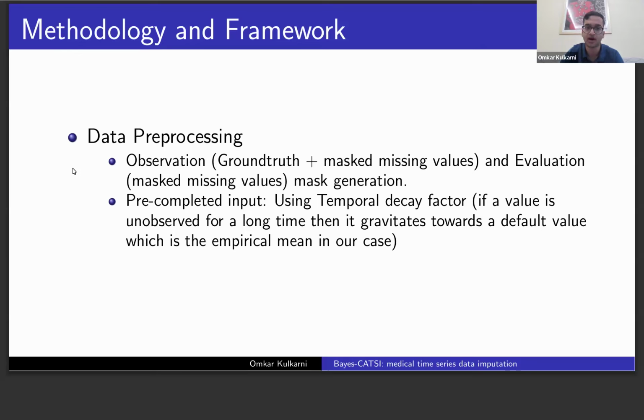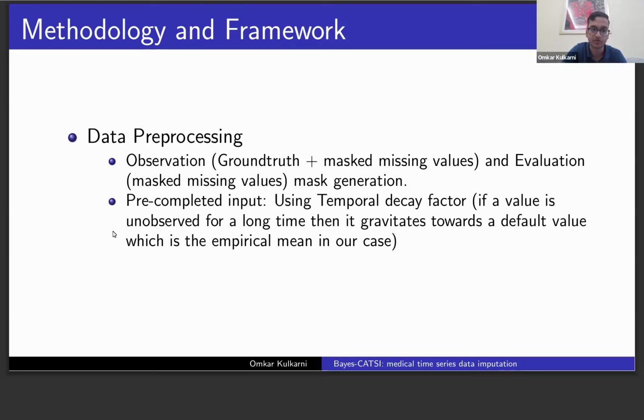The reason for masking is so that we can evaluate our deep learning models. The observation mask keeps track of the ground truth along with the masked missing values, while the evaluation mask keeps track of the masked missing values.